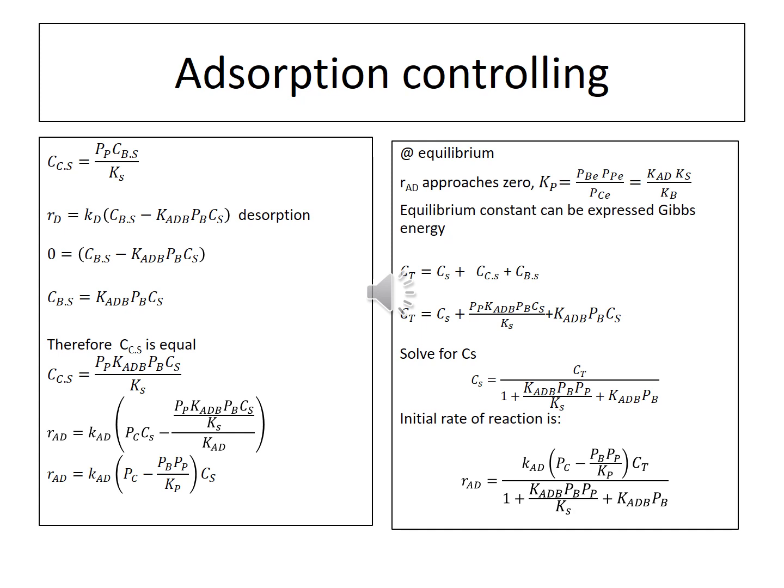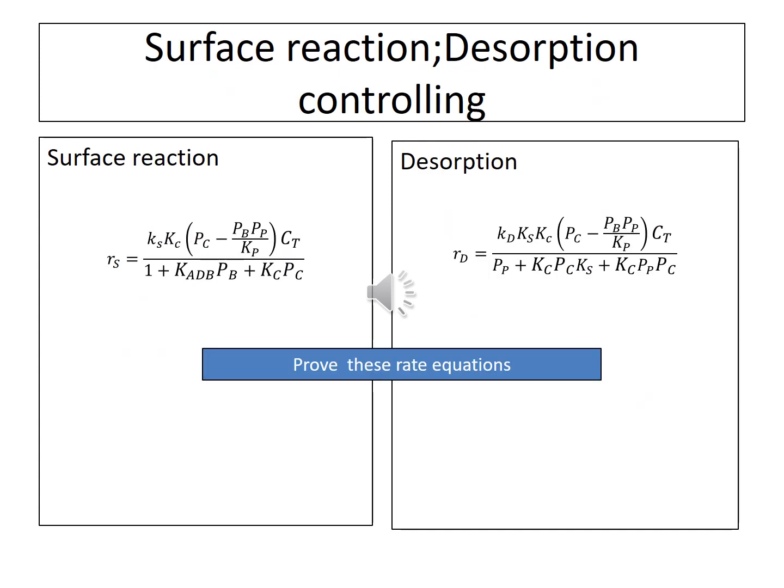We get that, and then we substitute this into the adsorption rate, which is equal to the overall rate, and this becomes our overall rate of reaction for a case where adsorption is controlling. Using the same approach, attempt this using the same overall equation and get the rates when surface reaction is controlling and when desorption is controlling.